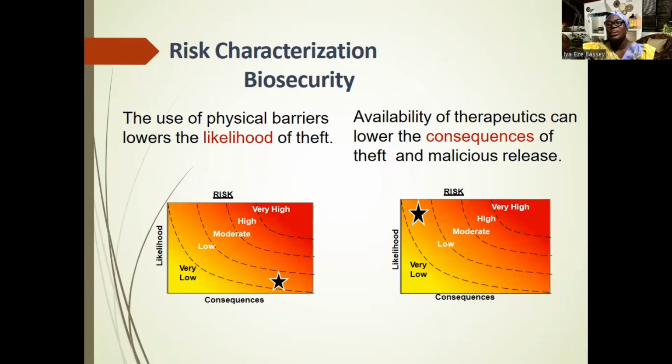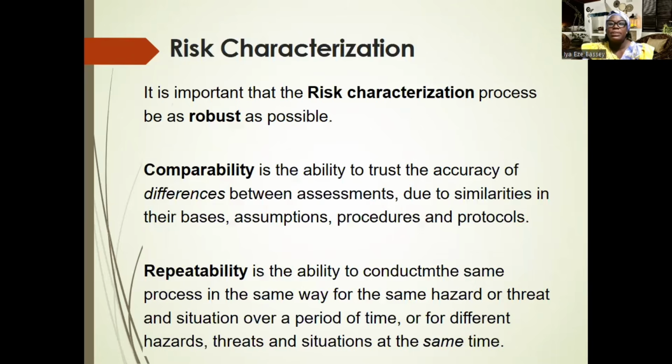For instance, if you are thinking of the biosecurity situation, if you use physical barriers like a gate, like a safe, and all that, you can lower the likelihood of theft. If also you have drugs or therapeutics that can treat that agent, you can actually lower the consequences of theft or malicious release.